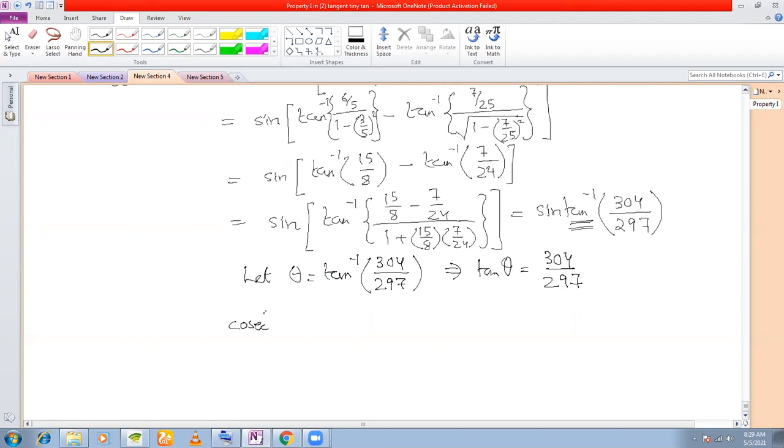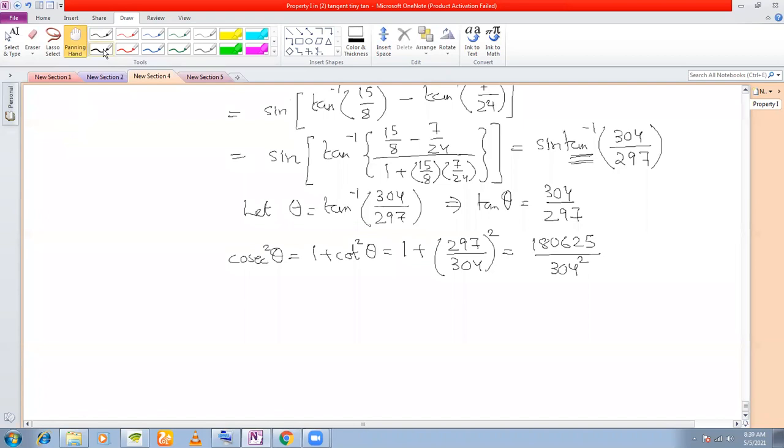Otherwise, if you don't want to draw a triangle, you can use this result: cosec square theta is equal to 1 plus cot square theta. So 1 plus, if tan theta is 304 by 297, cot theta would be just the reciprocal, which is 297 by 304, squared. Now you simplify this, you will get 180625 divided by 304 square.